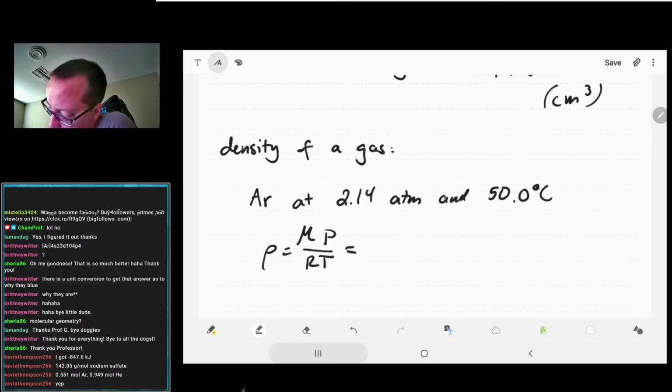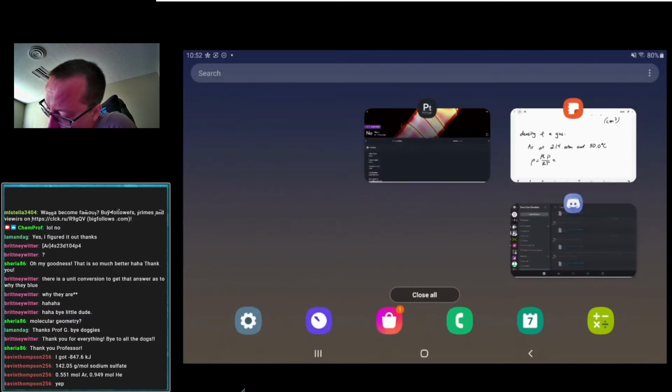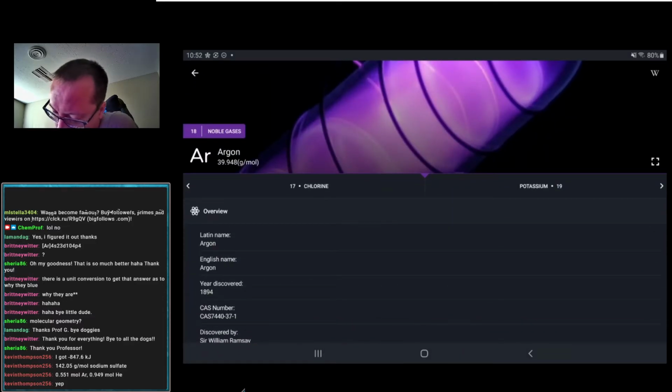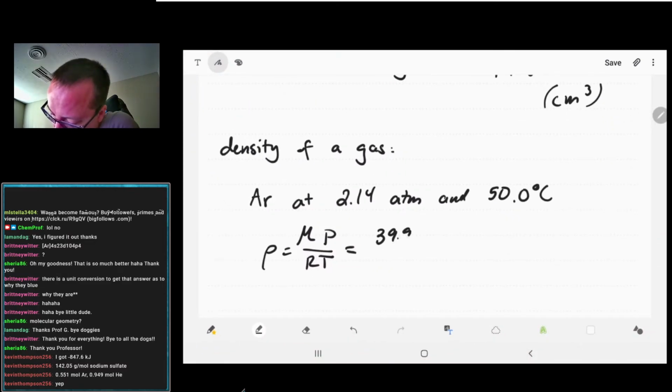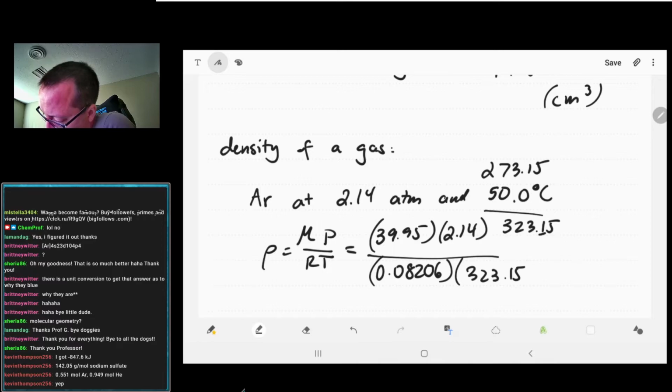So argon has a molar mass of, don't remember, periodic table, there we go. Argon, 39.95. It's like an infomercial. 39.95. Woo. Pressure is 2.14. R. And then the temperature is 50, which we are going to have to add 273 to. So that is 323.15. I hope. Yes, that's how we do math.